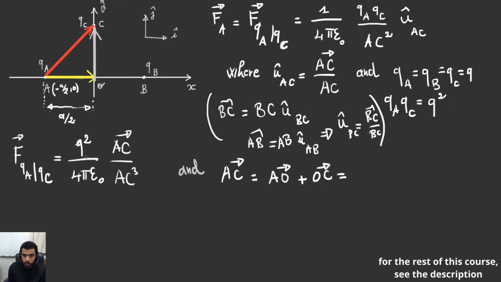So AO is exactly a over 2 times the unit vector i. And what about OC? Because from the origin to my point C, I have a distance c.